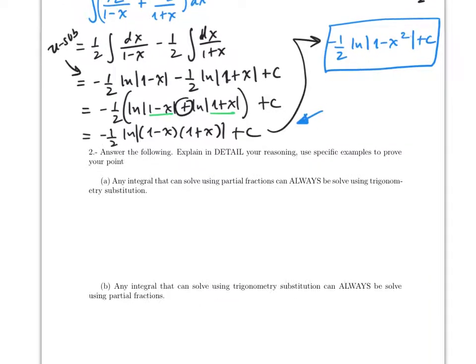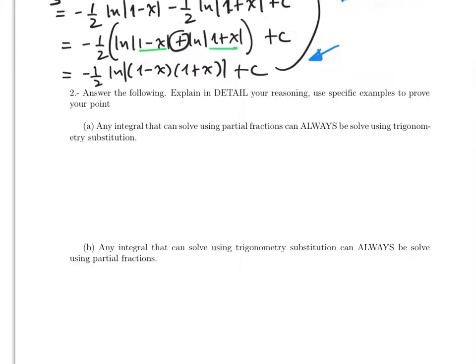Okay, so finally, answer the following and explain using specific examples. Any integral that can be solved using partial fractions can always be solved using trigonometric substitution.